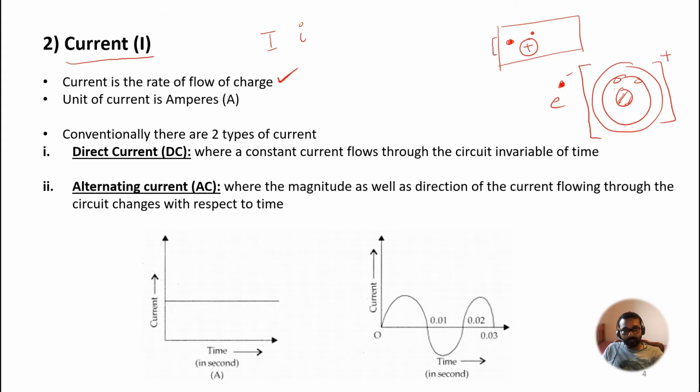Because you have applied a voltage over here. Why won't your positive charge flow? Why can't it flow?